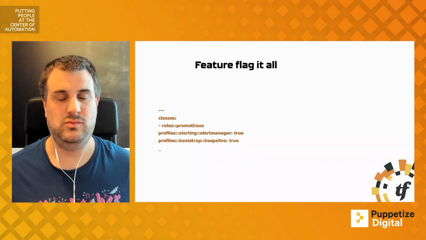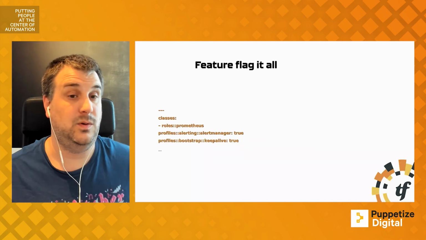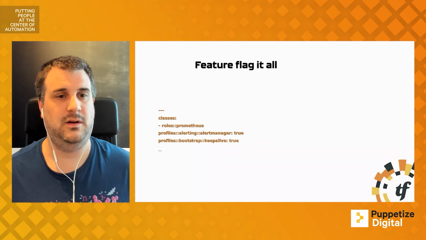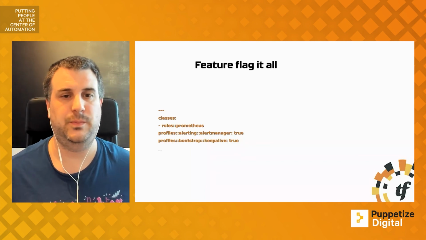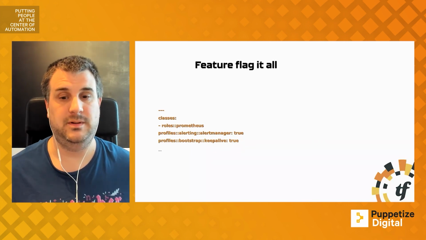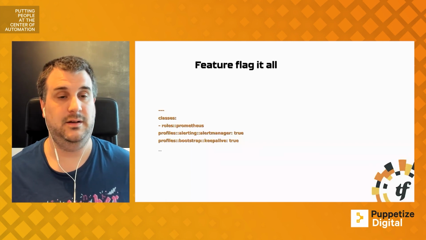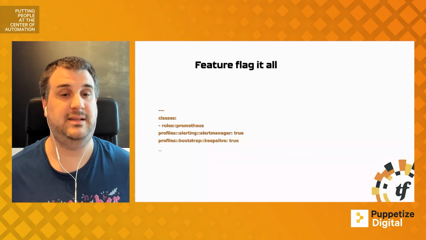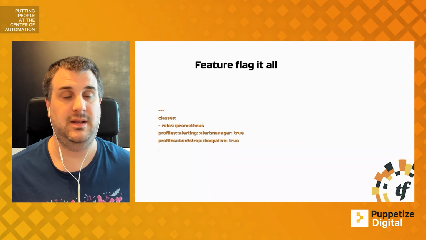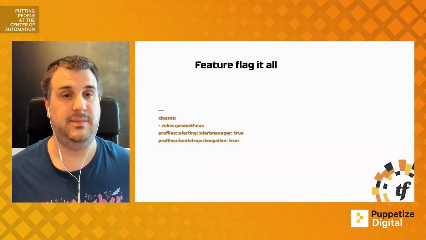If you don't like Hiera, there's a system called Hieraviz, which unfortunately for the last couple of years development has stopped, but that allows you to expose your Hiera structure as an API. And then we can even allow people within that API to use feature flags. It's basically an airbag on top of Hiera, so we can allow them to set that feature flag on what kind of web server they're allowed to use.